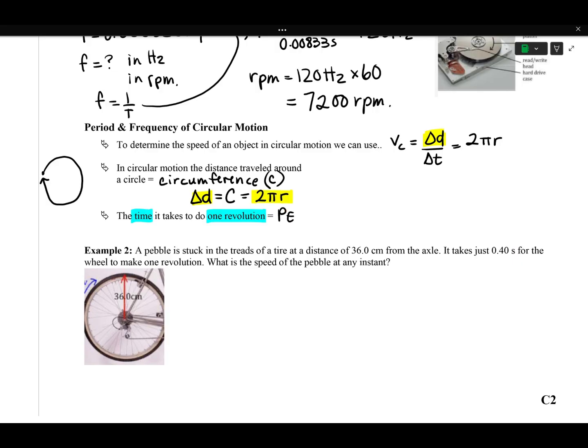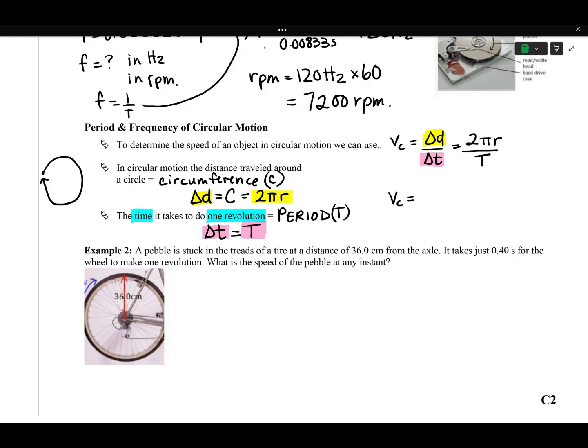That would be our period, which is a capital T. So the change in time now becomes the period. How long does it take to make one revolution? So now I can take my period, which is equal to delta T, and plug it in here. And this now becomes 2 pi r over T.